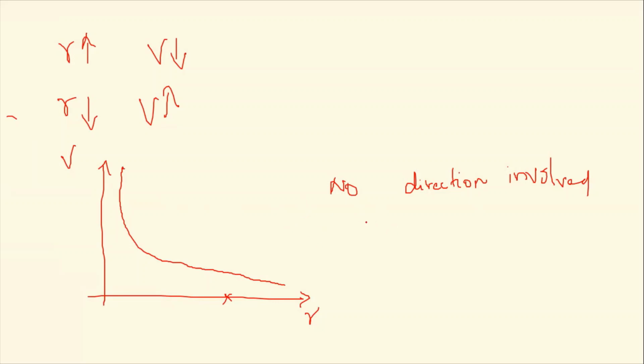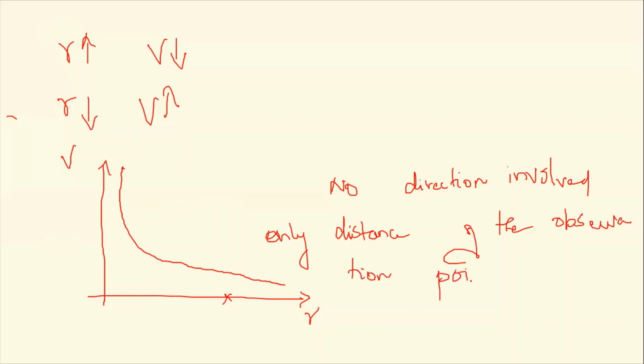All the graphs in the NCERT are important. Only the distance of the observation point is required. Electric potential is a scalar quantity.